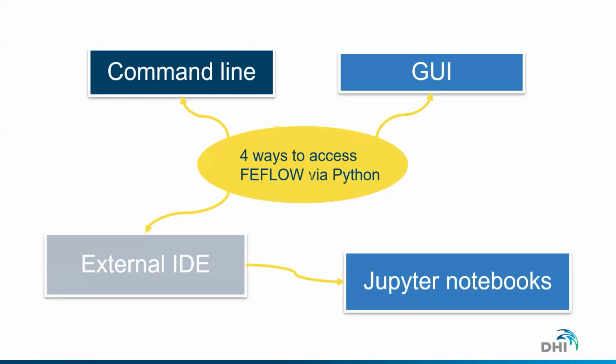Here, I summarize all the different ways to connect FEFLOW and Python. If you have a FEFLOW installation, you have the GUI, and in the GUI there is a scripting panel where you can attach your script, write your script, and do some operations directly in FEFLOW. If you like to work with Jupyter Notebooks or with other scripts or external interfaces, you can also do it.